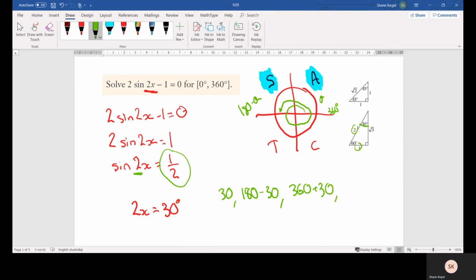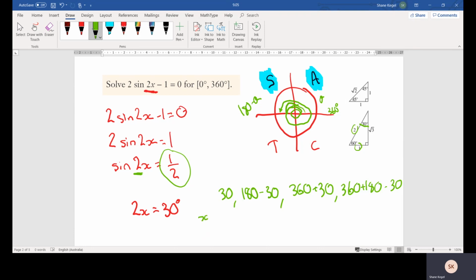And the sixth quadrant technically now would be, well, to work it out, we'll do 360 plus 180 take theta, or take 30 degrees. So I've done my one rotation, added on 180, and then come back my 30 degrees.